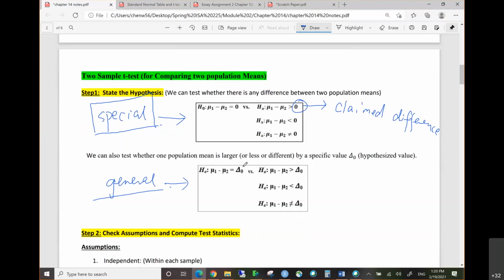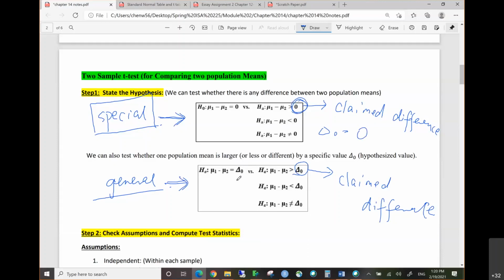The first thing is the population mean of men is larger than the population mean of women. And then I also want to test the claimed difference, which is our delta 0, right? So 0 is a special case in our general hypothesis. If we just want to compare mu1 and mu2, then the claimed difference, delta 0, just equals the value 0.